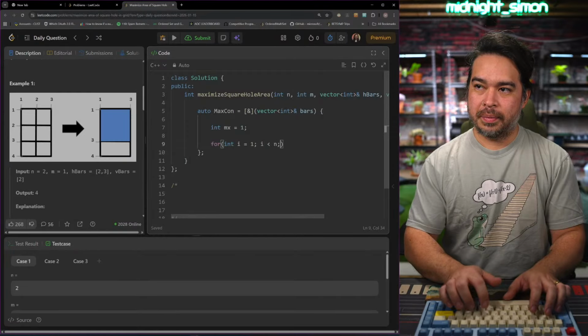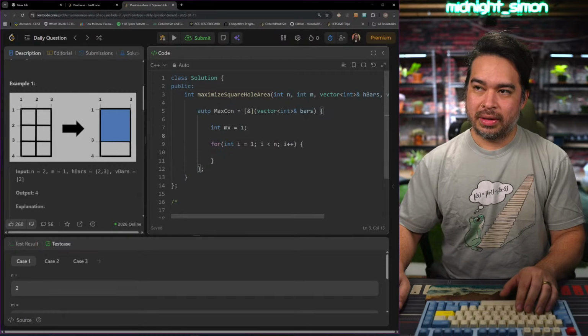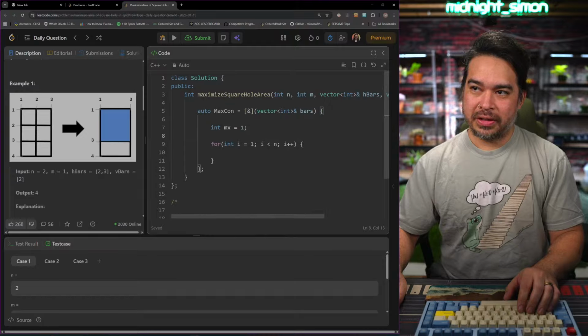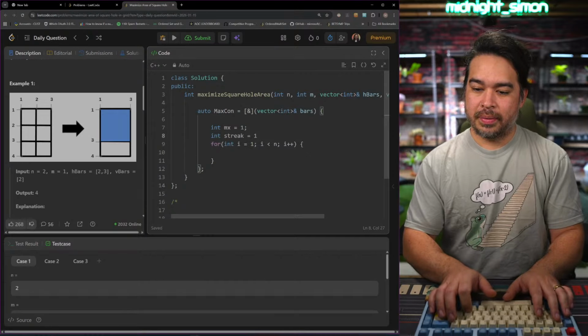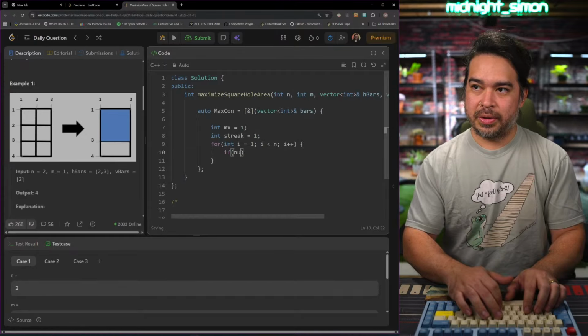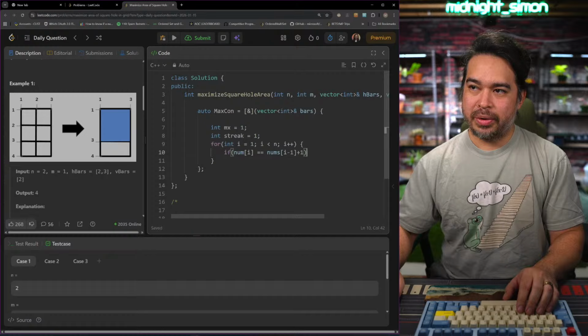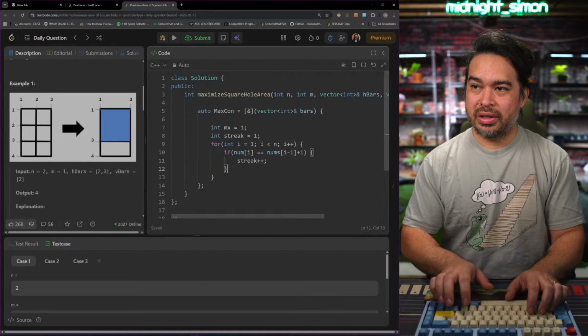Let's go from 1. So I'm iterating from the first position, and then I'm assuming the maximum consecutive is just 1 here initially. And then I'm just gonna check that, should I keep track of my streak? And then I'll say if the current number is only 1 above, like incremented by 1, the previous one, then we can increment our streak.